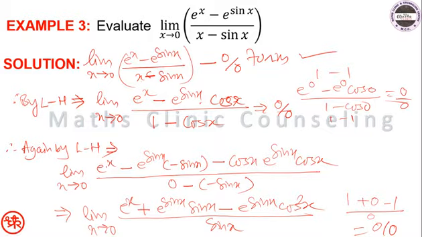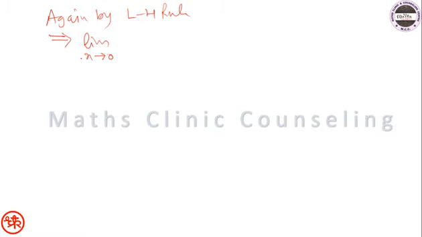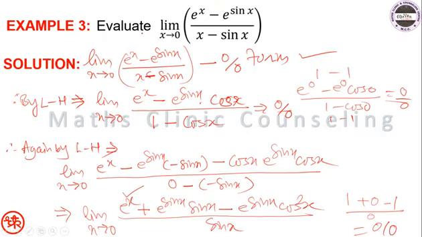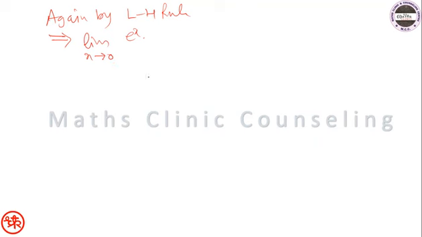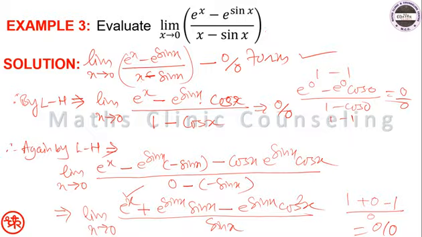Numerator: derivative of e to the power x is e to the power x. Here we will use the product rule, and here also we will use the product rule. So derivative of e to the power x is e to the power x. Then what? Plus e to the power x into sin x, so plus e to the power x into derivative of sin x, cos x, plus sin x into derivative of e to the power x, e to the power x. Then what?